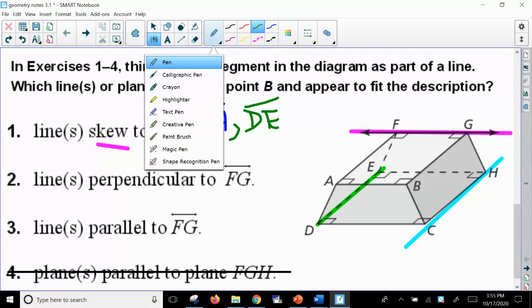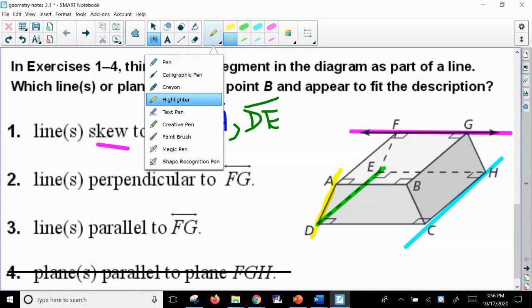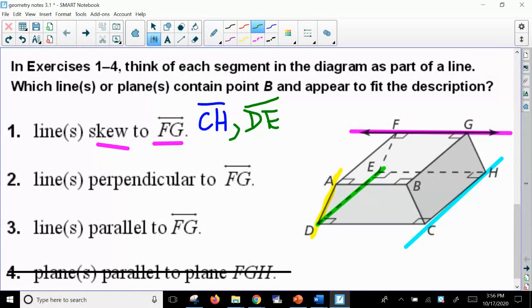And I'll give you one more, even though there's more than that. How about AD? Again, AD is in the front of the box. See that? And FG is in the back of the box. So line AD is also skewed to line FG.